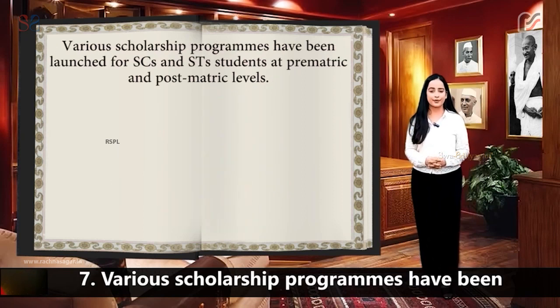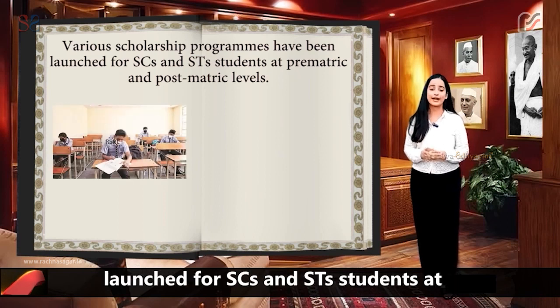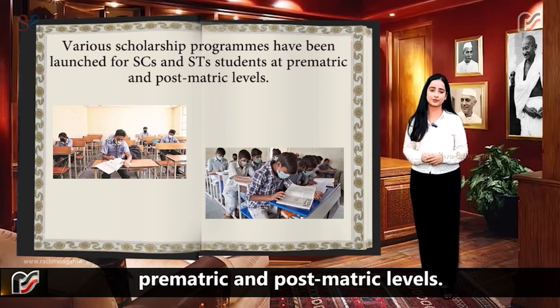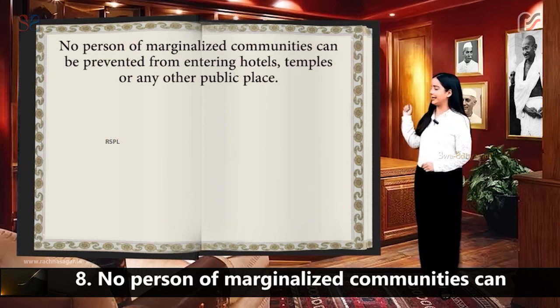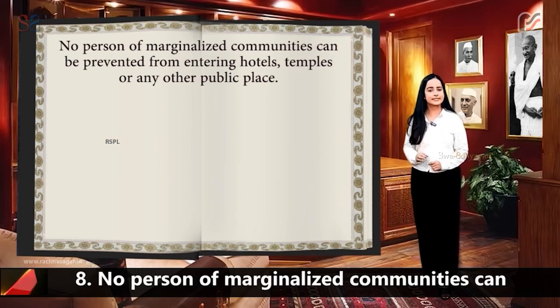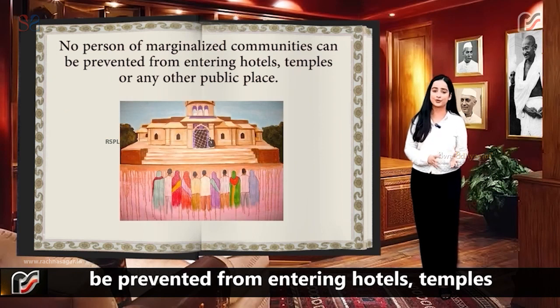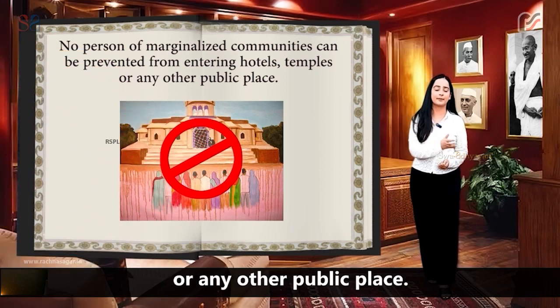Various scholarship programs have been launched for SC and ST students at pre-matric and post-matric levels. Number 8. No person of marginalized communities can be prevented from entering hotels, temples, or any other public place.